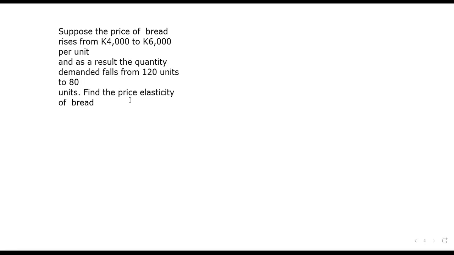Elasticity of demand is equal to change in quantity divided by change in price. So elasticity is equal to percentage change in quantity demanded over percentage change in price. It rises from 4,000, so 4,000 becomes P1, and the new price is 6,000.